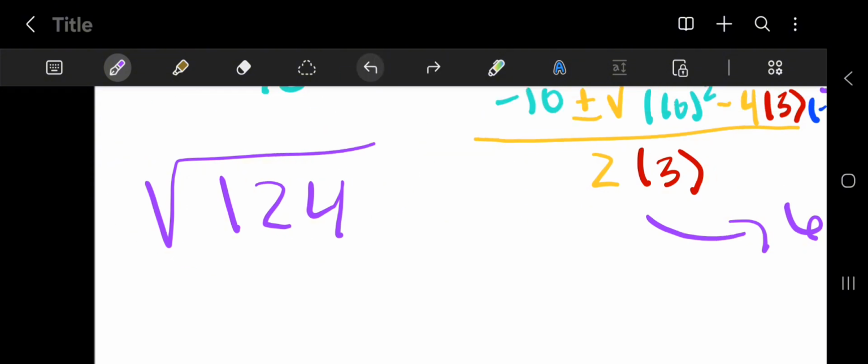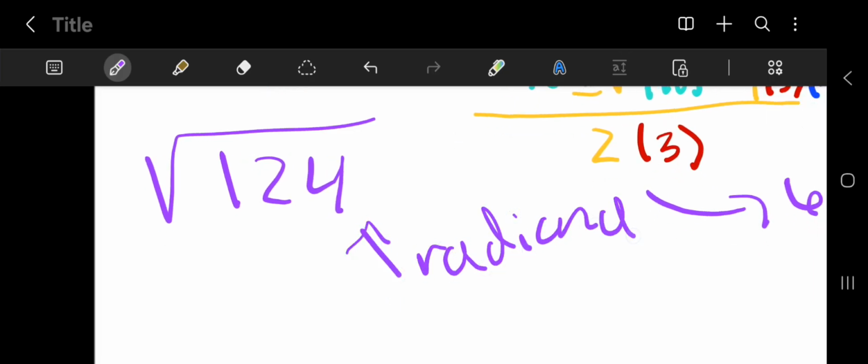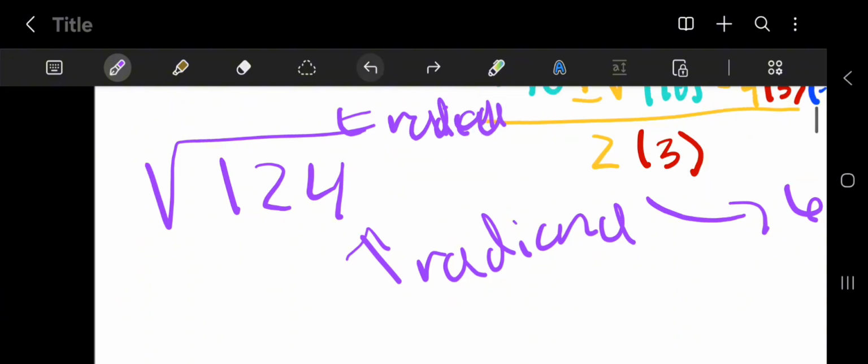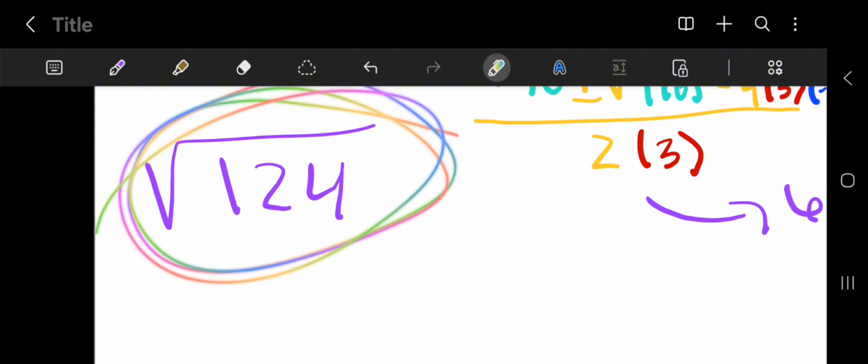This right here is the radicand. This is the radical symbol. Just pretend I spelled that right. Each part of this has its own name, but when we're talking about this whole entire thing, it's a radical.